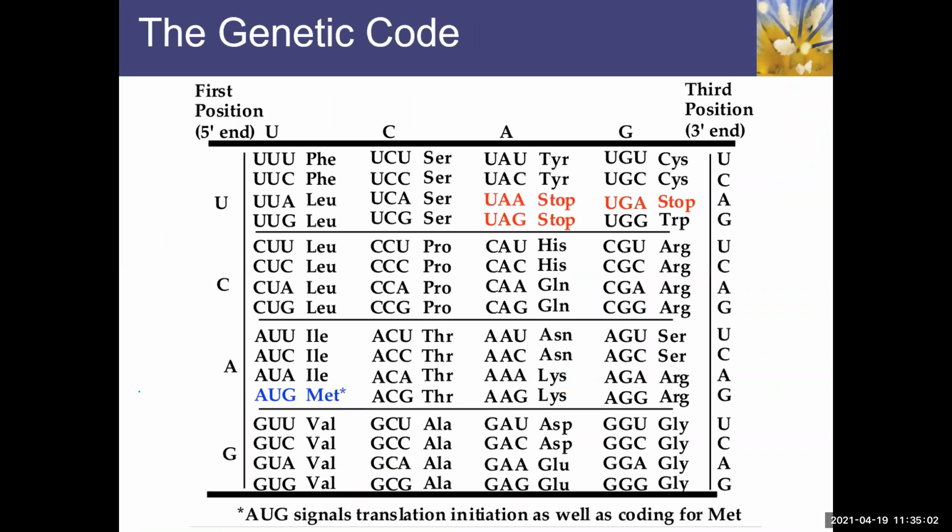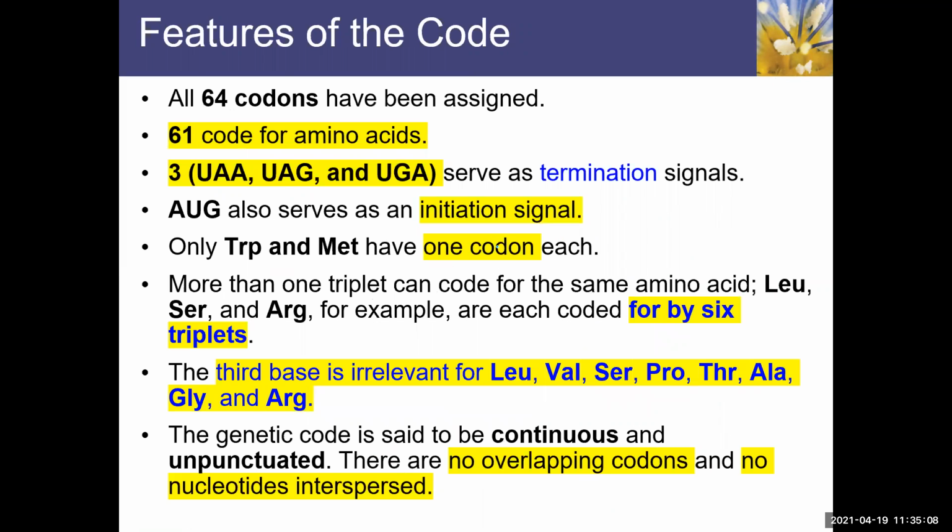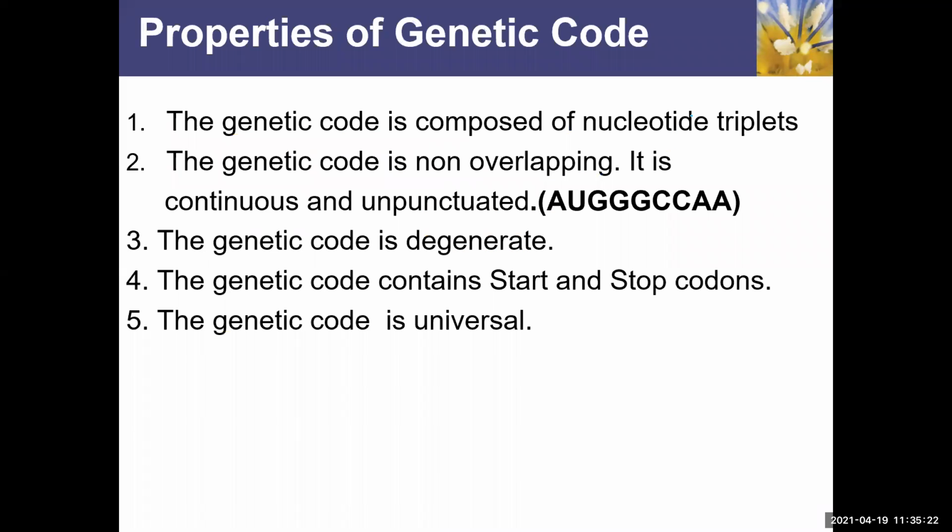Okay. Then the genetic code. For the genetic code, if you remember, I told you that we need to memorize these points. First of all, we need to memorize how many codons are there. Can anyone tell me how many codons we have altogether? 64, right? Out of 64, how many are stop signals?